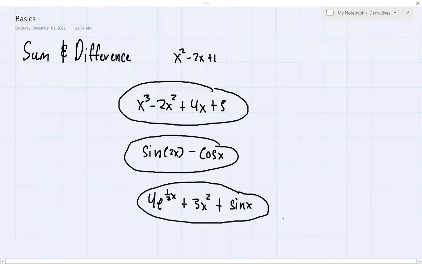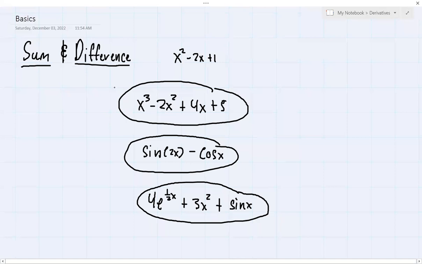O, di ba? So yun yung tinatawag natin na sum and difference rule of differentiation. So basically, we are differentiating an expression, a group of terms that are grouped together, that are separated by the sum or difference.